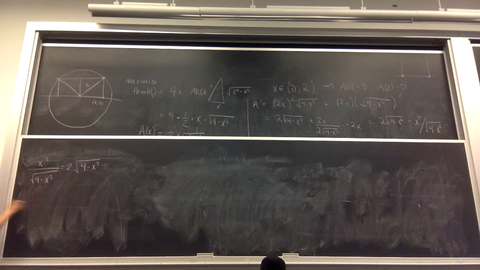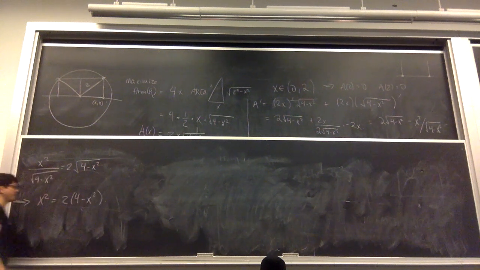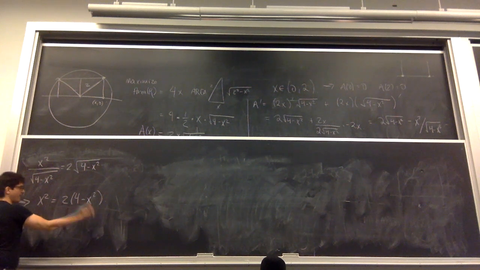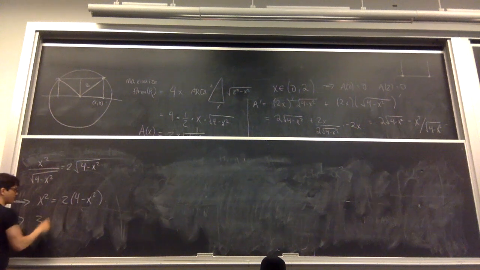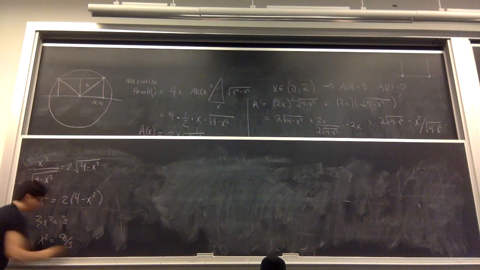Okay, so if I multiply through by this, I'm going to get x squared is equal to 2 times (4 minus x squared), which means this 2 multiplies by that x squared and comes here. I get 3x squared equal to 8. So that means I need x squared equal to 8/3.